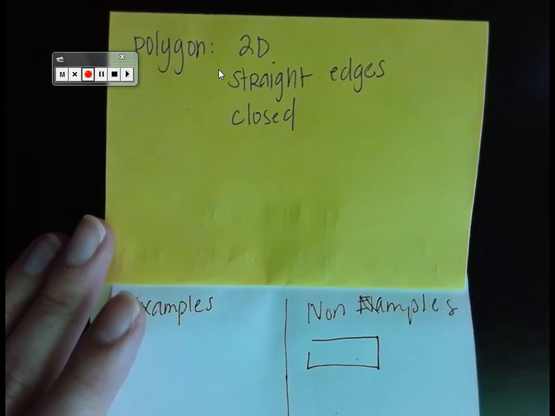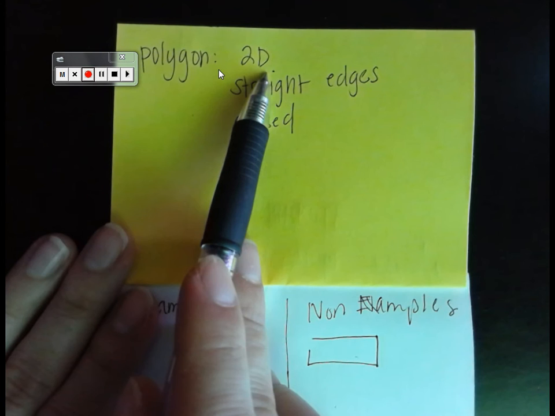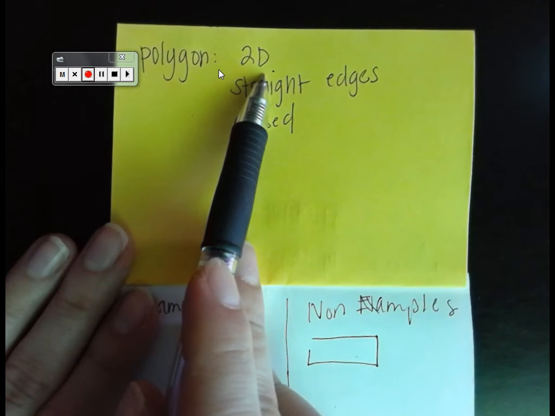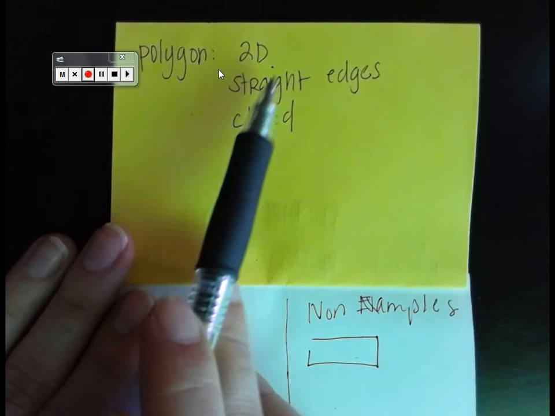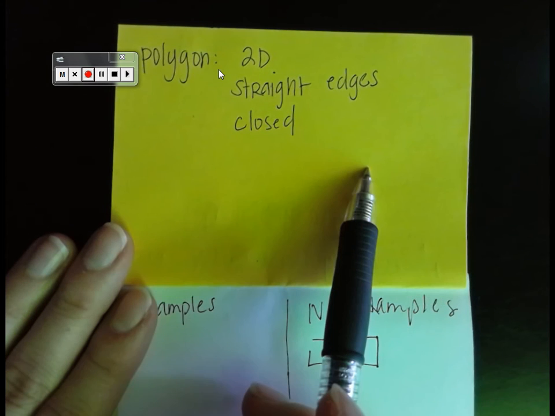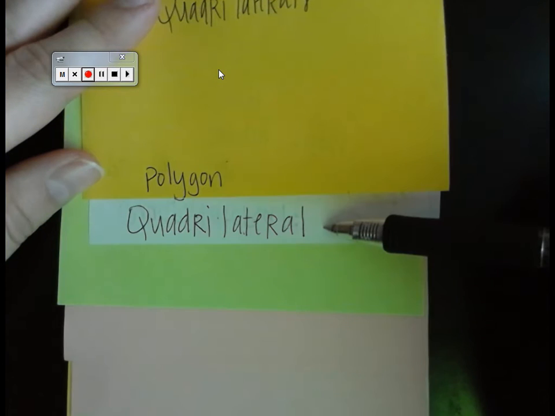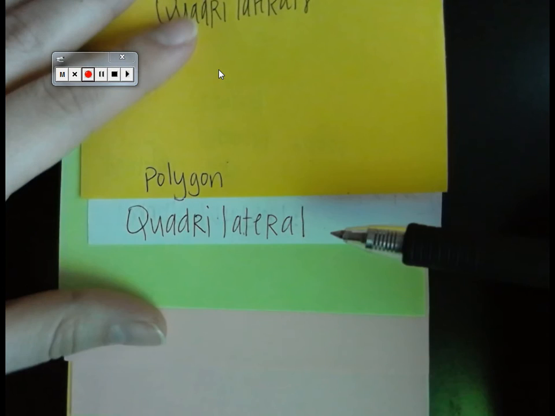Everything that has 4 sides, right? This one doesn't say anything about 4 sides. This one's 2D. That D doesn't talk about the sides. D is talking about the dimensions. Okay, this is straight edges, closed. Now, does it say anything about the sides? No, that's what makes the polygon and the quadrilateral different. The quadrilateral has to have 4 sides.